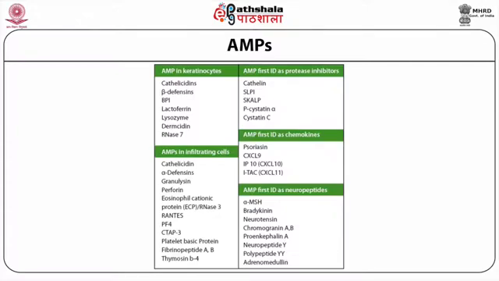AMPs are either produced constitutively or produced via pathogen associated molecular patterns. The latter operates via pattern recognition receptors which are present on the macrophages, PMNs, myeloid and plasmacytoid dendritic cells, and some epithelial cells.